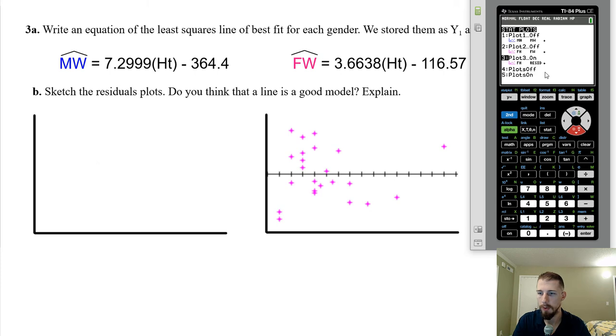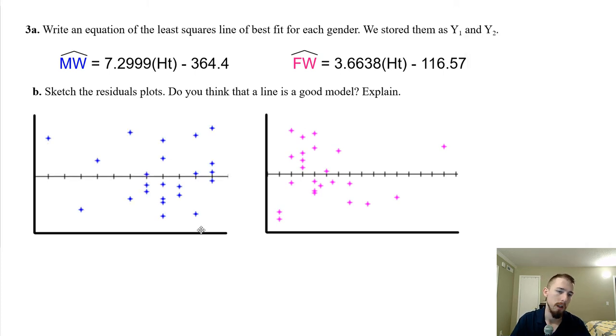The residual plot is going to be updated to the residual for the males, but I do need to change the X list to the male height. So that's stat list, and then male height, which was the 0 option. Then I'm going to change the color to blue because we are dealing with the males now. And then zoom 9. Okay, so that's the scatter plot of the residuals for the males.